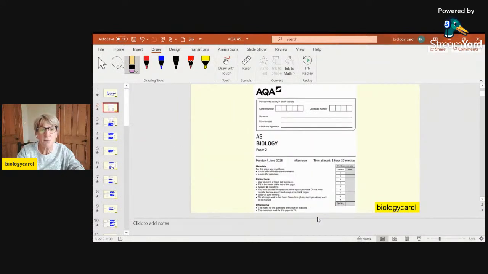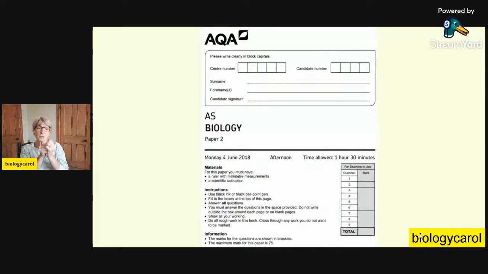Right, the maximum mark on this paper is 75. I'm pretty sure that the grade for an A across the two papers was, I hope I'm right in saying this, 80 out of 150.